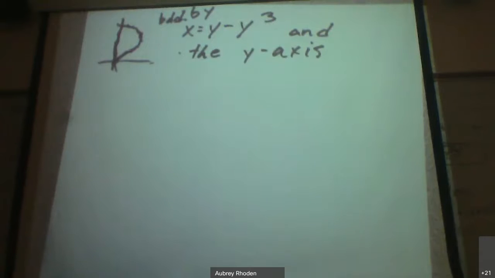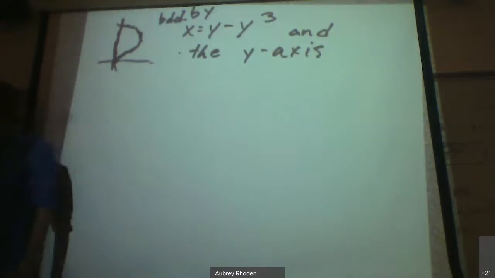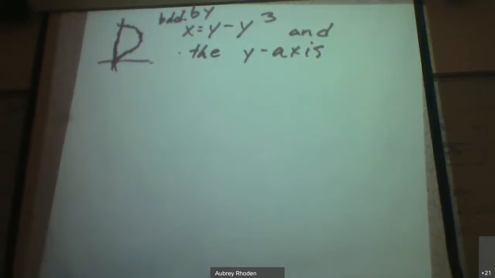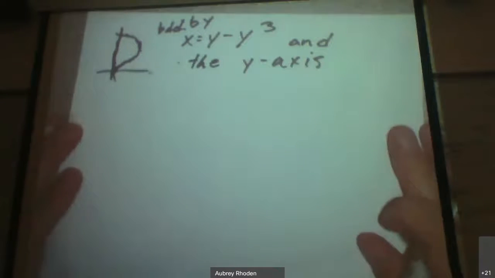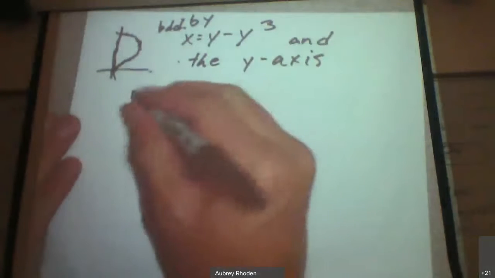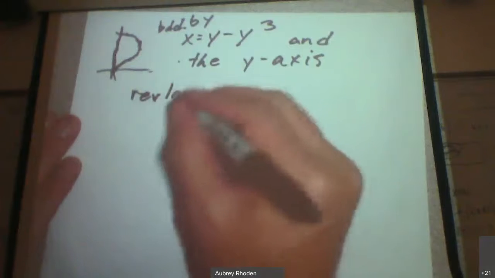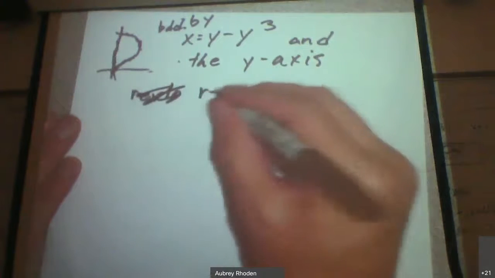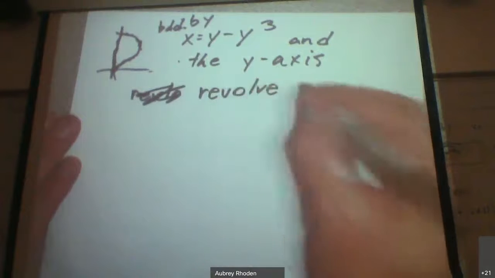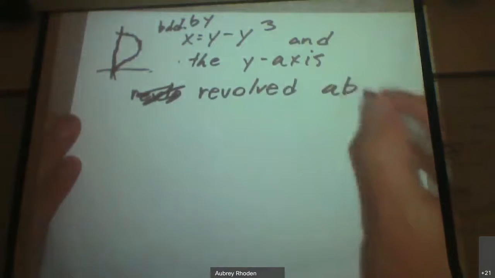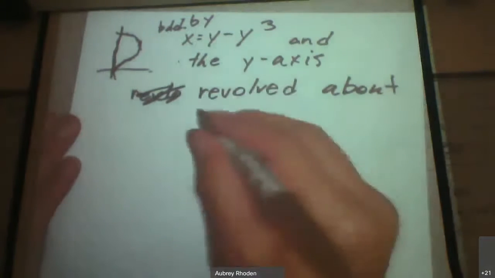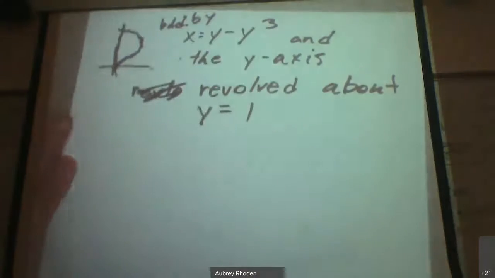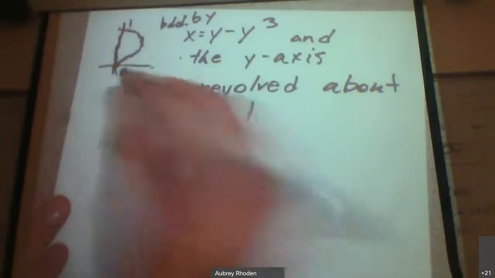Let's take the region bound by x, which equals y minus y cubed, and the y-axis, and let's revolve it about... And 1 is right here, and that's 0 right there.